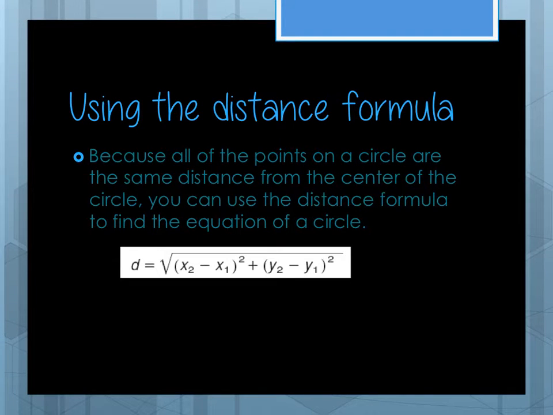So one way you could find the equation of a circle is using the distance formula. Because all of the points on the circle are the same distance from the center of the circle, I could have taken the points that are on that circle, plugged them in as the x and the y, found the distance, okay, and that should be radius squared.